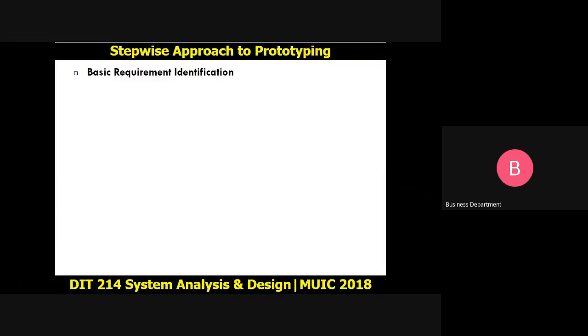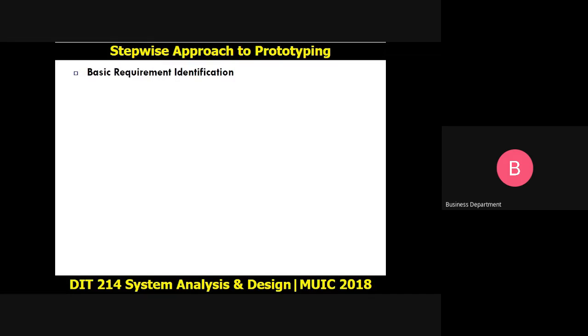To capture the requirements, we can use some fact-finding techniques. For example, you can use questionnaires, interviews, sampling, observations, and many other types of fact-finding techniques. And that becomes step number one.